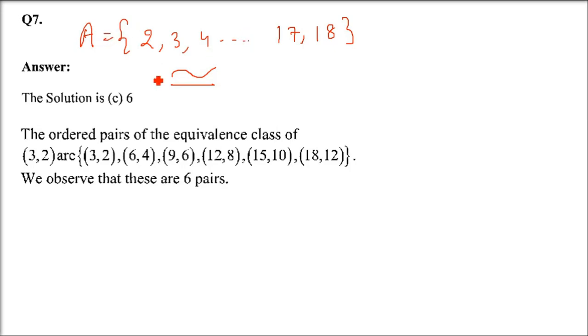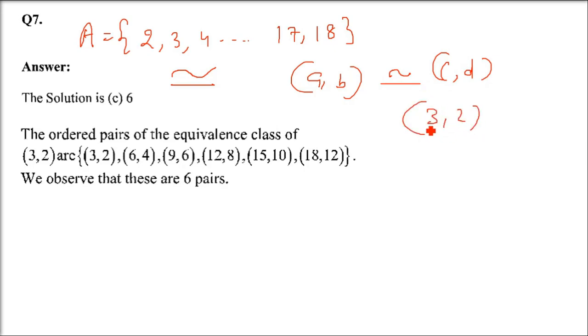This is the equivalence relation on A cross A, the Cartesian product of A with itself, and it is defined by (a, b) is equivalent to (c, d) if ad equals bc. Only when ad equals bc will these two be equivalent.